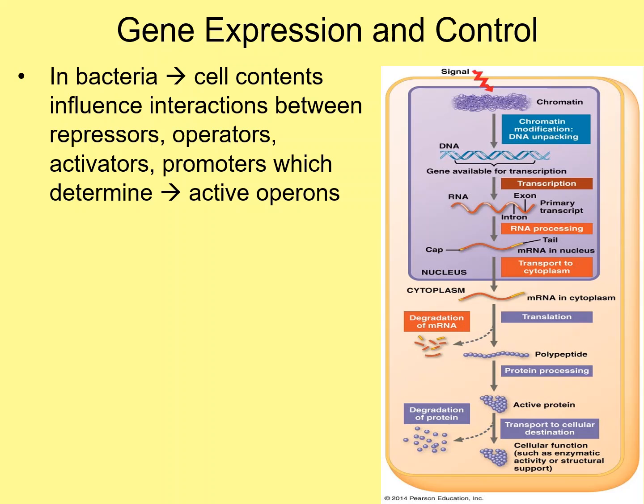We have a lot of other mechanisms for turning genes on or off than just repressors to turn on or off and activators to ramp up transcription, which is mostly what bacteria are dealing with. Most of their genes are organized into operons, and you turn the whole operon off or the whole operon on, depending on whether the operator is free or bound to the repressor.